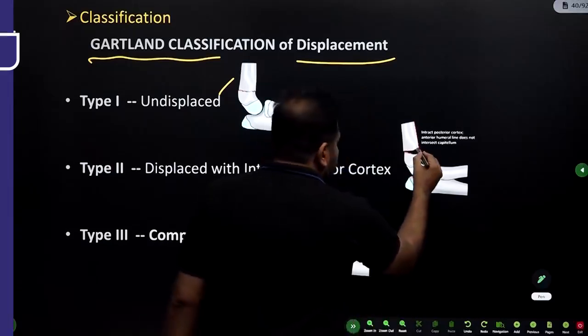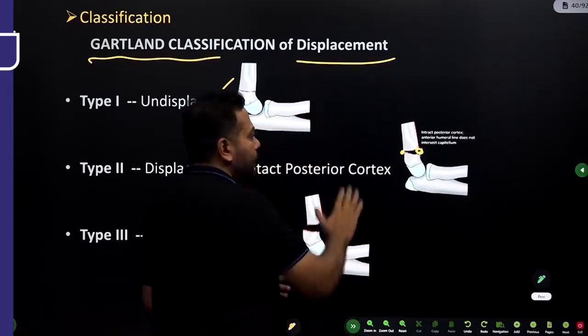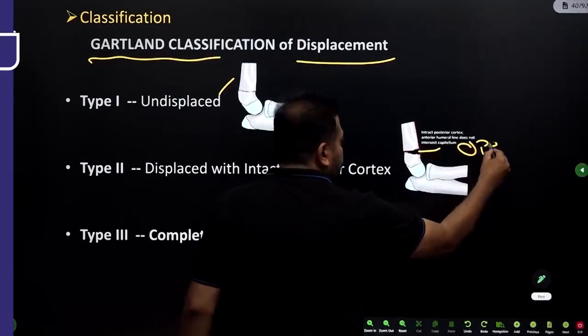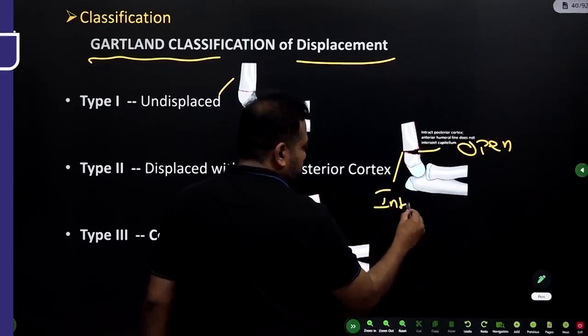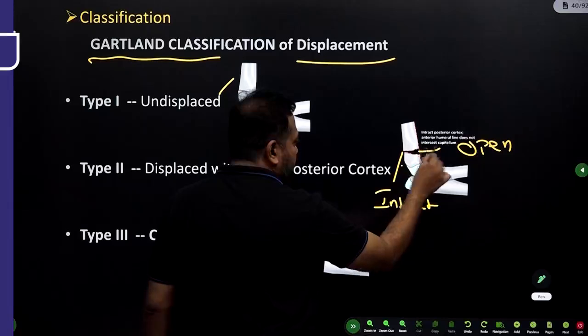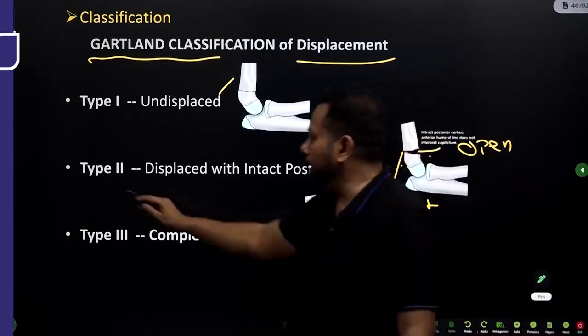The anterior cortex is open, the posterior cortex is intact. This is called Gartland's type 2.